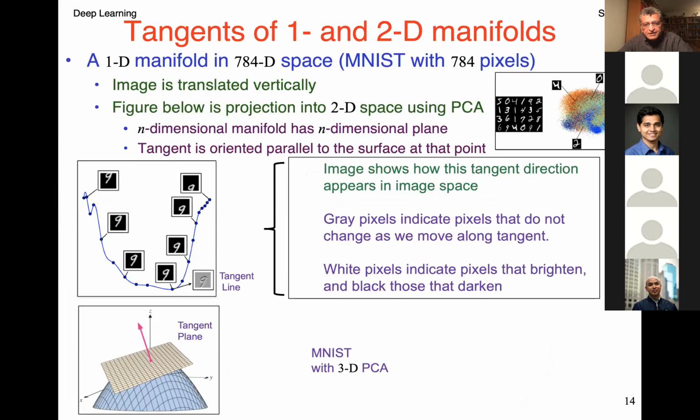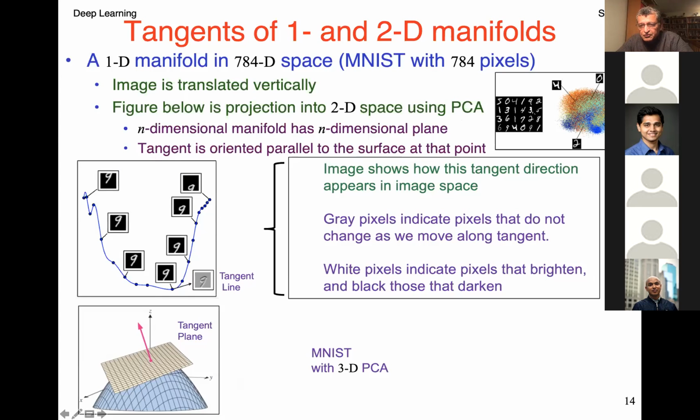And let's say we had an image that is translated vertically. The figure below is a projection into 2D space using principal components analysis. An n-dimensional manifold is like an n-dimensional plane, and the tangent is oriented parallel to the surface at that point.